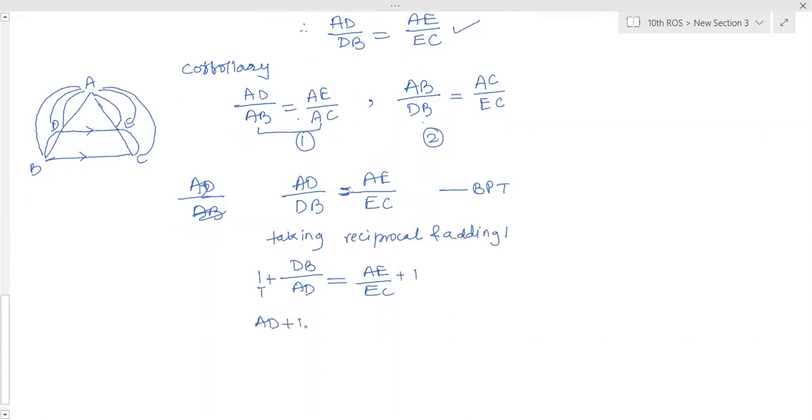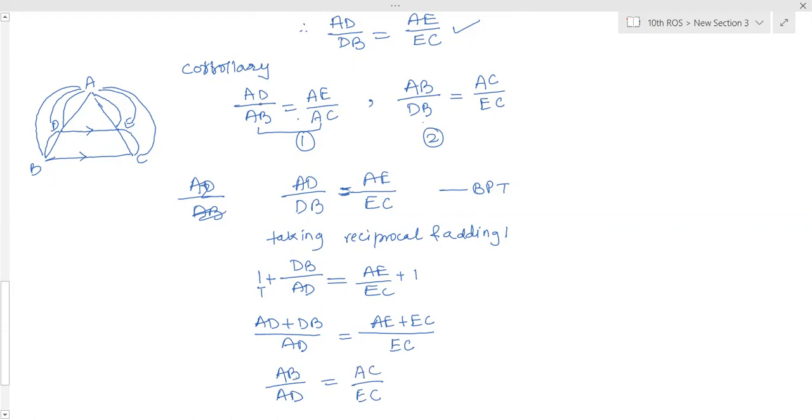It is AD plus DB by AD is equal to AE plus EC by AE. So what is AD plus DB? AB, the full side, by AD is equal to AE plus EC is AC, AC by AE. So AB by AD is equal to AC by AE, we got.